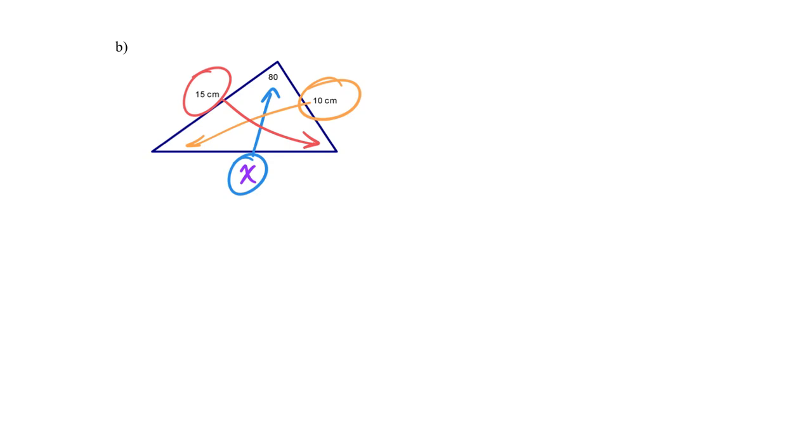You cannot use sine law. We are not given enough information to be able to use sine law, and you don't have the means to find it. So this triangle causes a problem for us. We don't have the means to find that missing side, at least not yet.